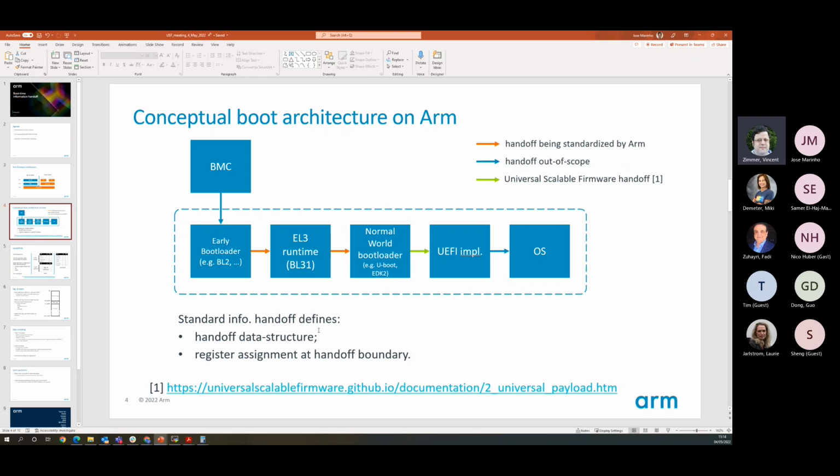So most of these transitions are what we call exception returns. Certainly the one between EL3 and the normal world is an exception return. There isn't a whole lot in terms of machine configuration when you do this, because, for instance, the MMUs are controlled per exception level, and in this case, they would be off.